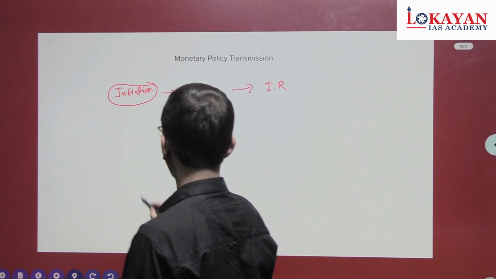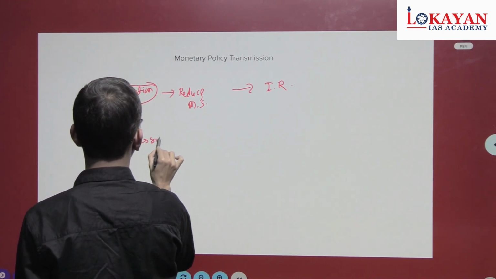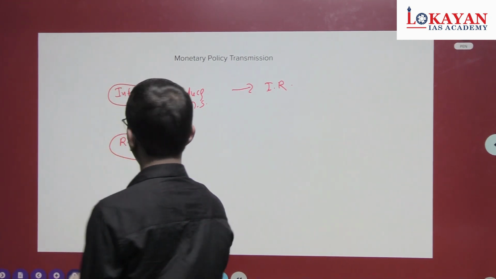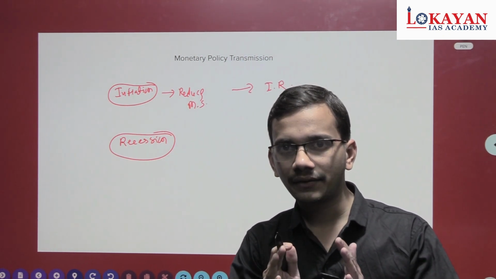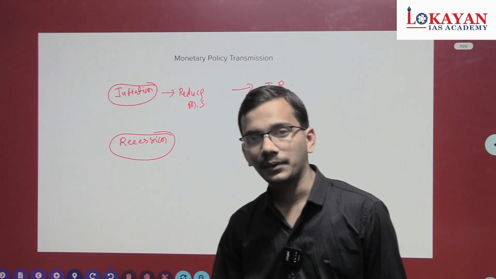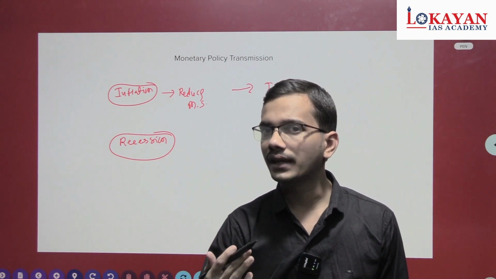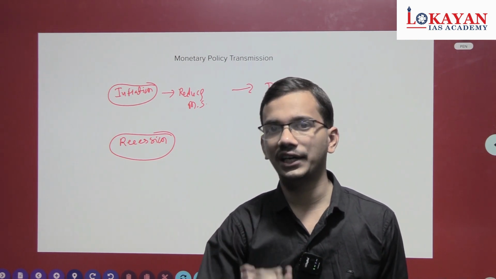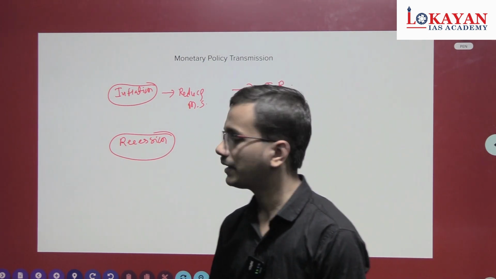Okay, now consider second situation. There is recession. Recession going on in the economy means what? Economic activities are low. So what RBI has to do? It has to make sure that there is sufficient credit available. So it has to increase credit availability.